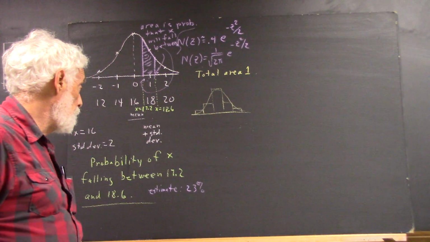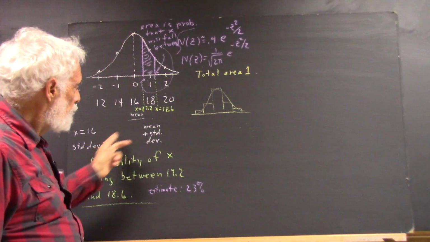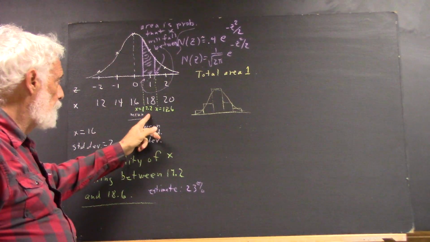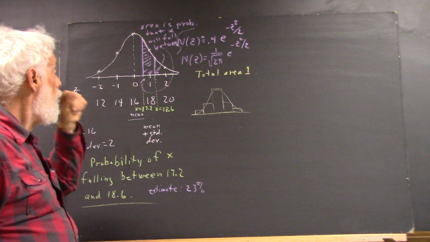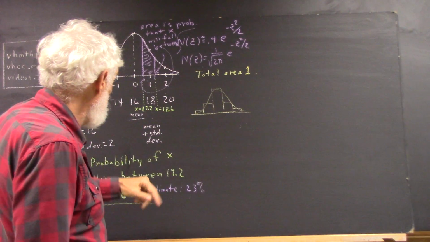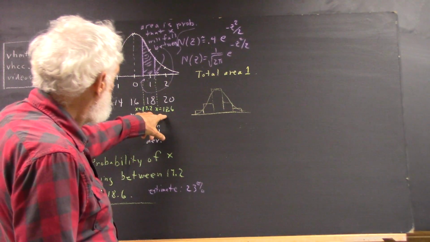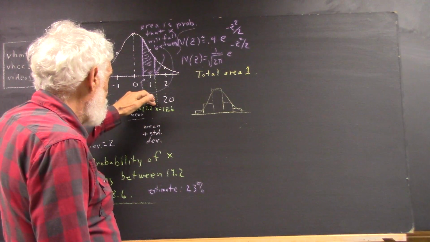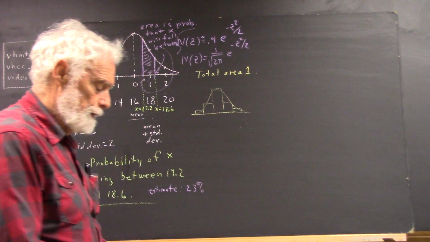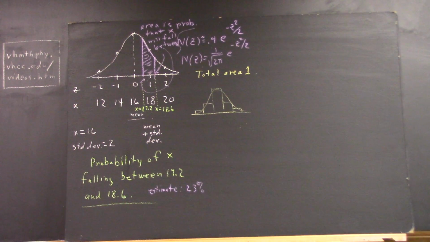So the question becomes, what z number would go with x equals 17.2? If this really is at 17.2 on the x scale, what is it on the z scale? And if this is 18.6 on the x scale, what is it on the z scale? So let's take a look at that relationship.